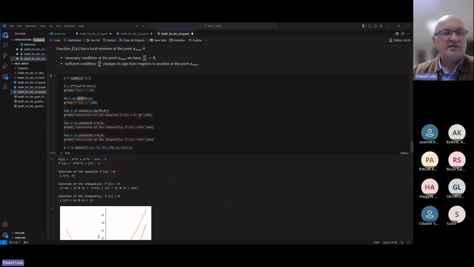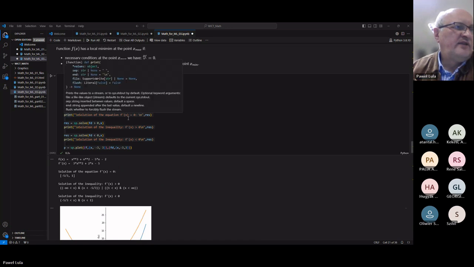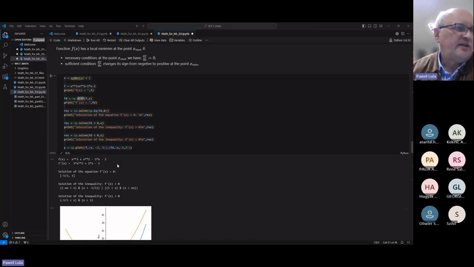And next, I should solve the equation: the first derivative is equal to 0. I solve this equation here, and the results are displayed here.